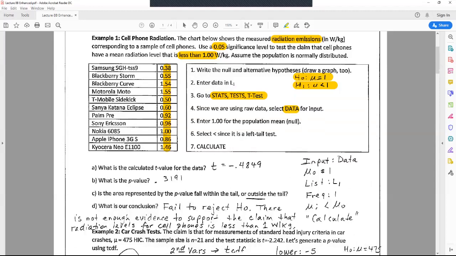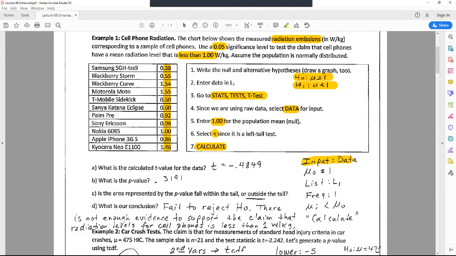Then you're going to put 1 for the population mean, because that is what the null is claiming, that the average is 1. And make sure that you select the left tail symbol, because this is a left-tailed test, right? Because we're testing the claim that the mean radiation level is less than 1. And then you will hit calculate.